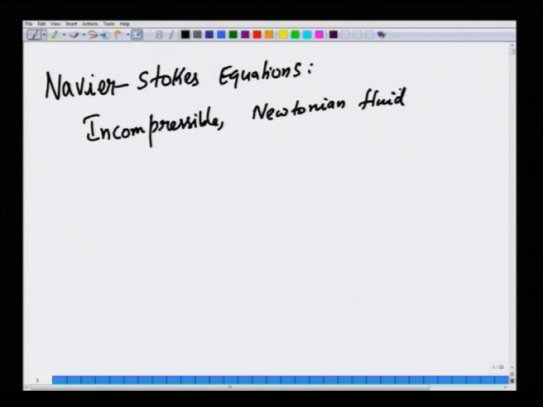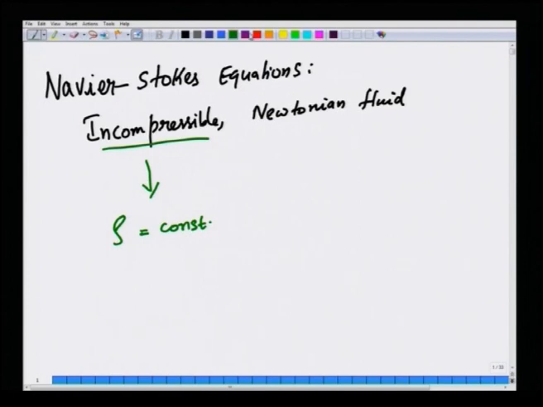An incompressible fluid simply means that the density of the fluid is a constant, that is, even if there are pressure changes within the flow, the associated density changes are negligible, so that you can treat density to be a constant. And a Newtonian fluid means that the stress is directly proportional to the gradient of velocity. Okay? The shear stress is directly proportional to the gradient of velocity, and it is a linear relation, and the constant of proportionality is called the viscosity of the fluid.